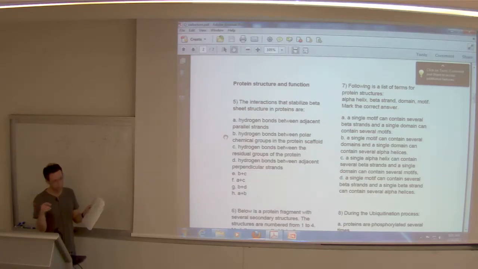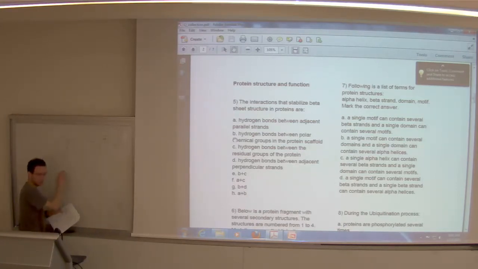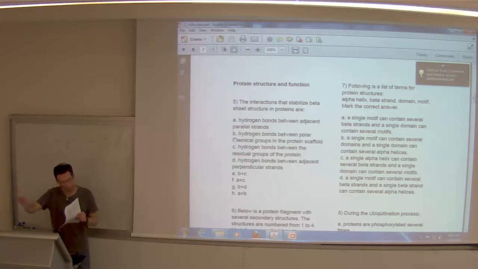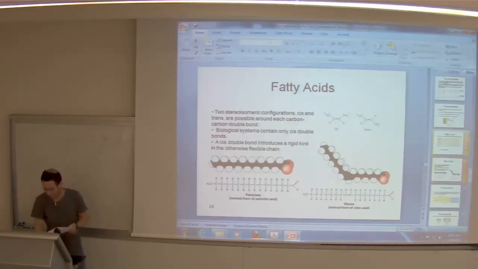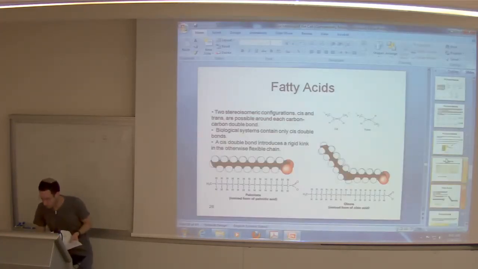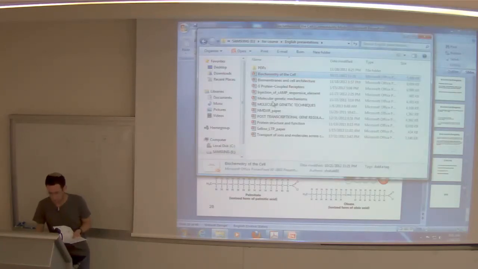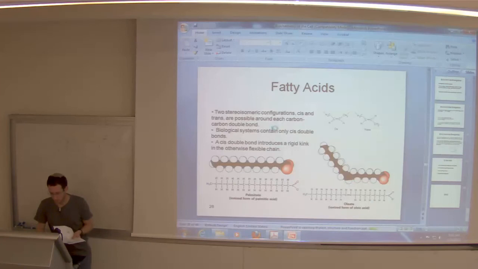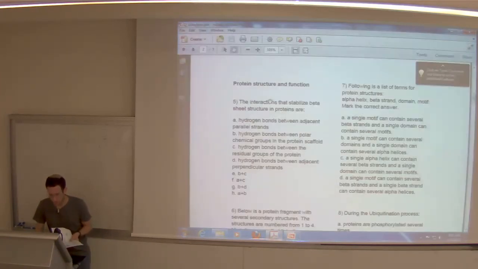But then these are covalent bonds. The bond between two amino acids is definitely a covalent bond, but you have interactions between the carbon and the nitrogen. Let me show you. We have it here. One second, but the question is about beta sheet.